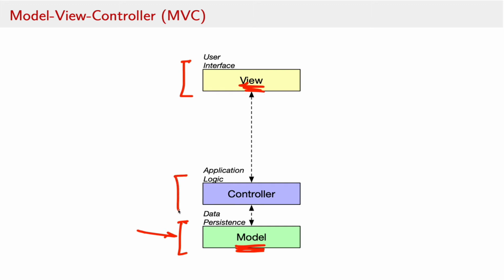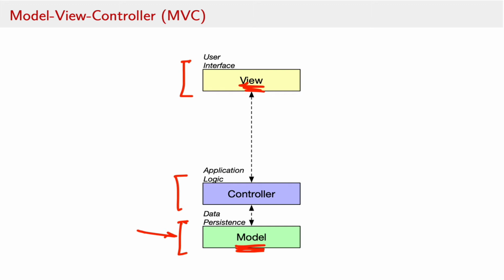And then third, the controller is, as you can see in the picture here, kind of the portion of the pattern that mediates the interaction between the view and the model. In other words, it knows how to take persistent data from the model layer and present it to the view so that the user can interact with it. And it also takes input from the user and establishes the appropriate behavior in response to something the user did, which may well, and often does, interact with the model layer to either create new data in the persistence layer or to update existing data and so forth.